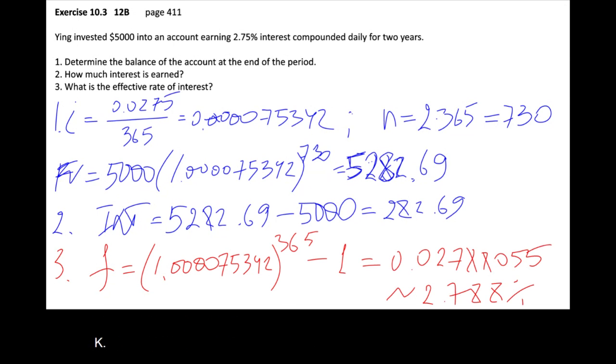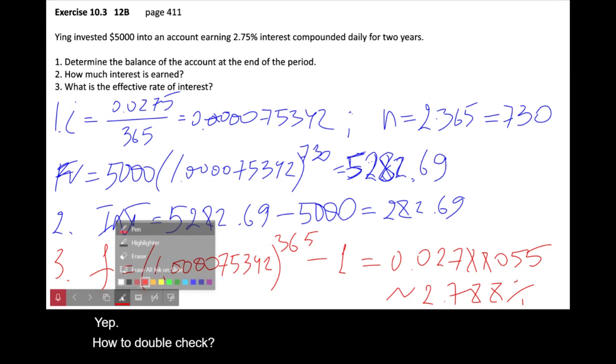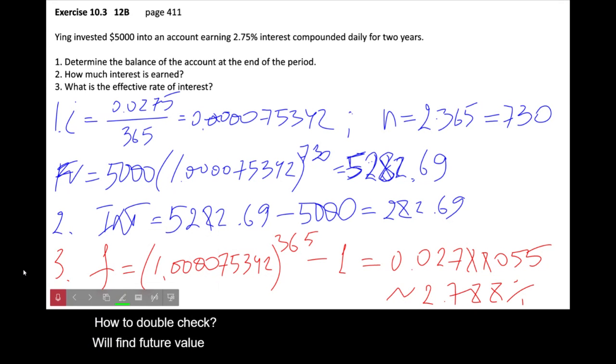Okay. We can double check. Squared times 5,000. Yep. How to double check? We'll find future value, right?